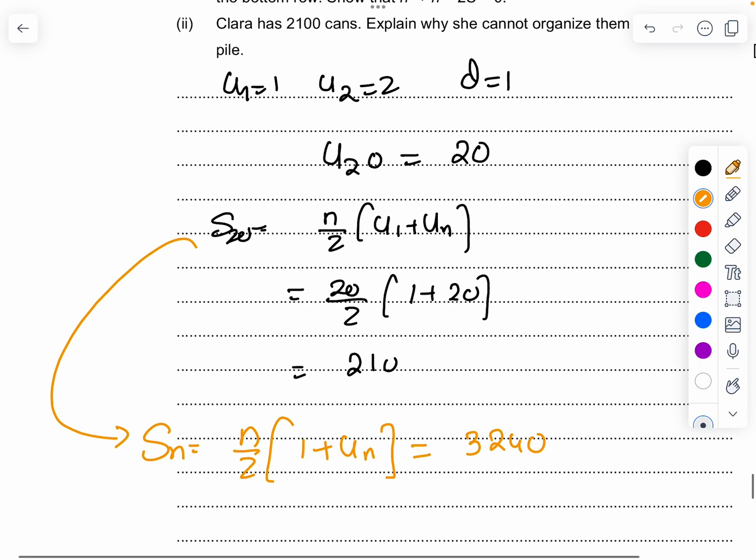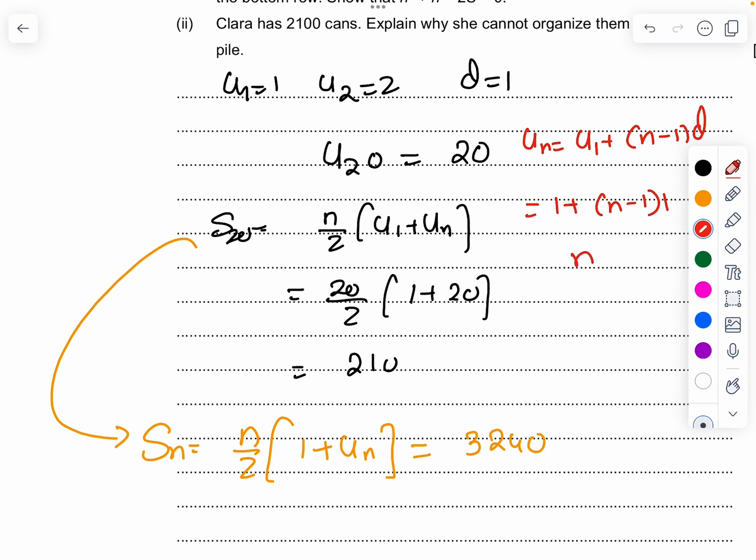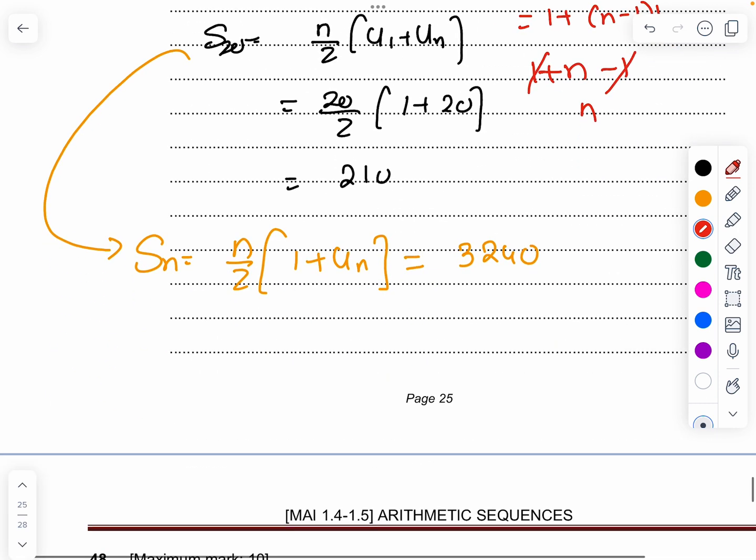Now basically we have to find Un. Un is nothing but what? U1 plus n minus 1 times d. So U1 is 1, n minus 1 times 1, the 1 cancels, so Un is n. So this becomes n upon 2 times (1 plus n) equals 3240.